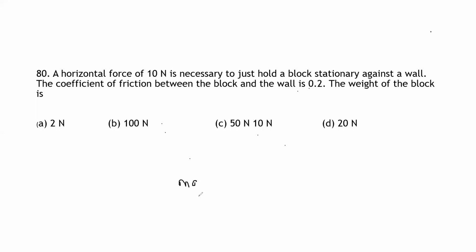The weight mg is equal to mu into F. The coefficient of friction is 0.2, into 10, that is equal to 2 Newton. Option A is the correct option, because weight is equal to mg, so W is equal to F into mu.